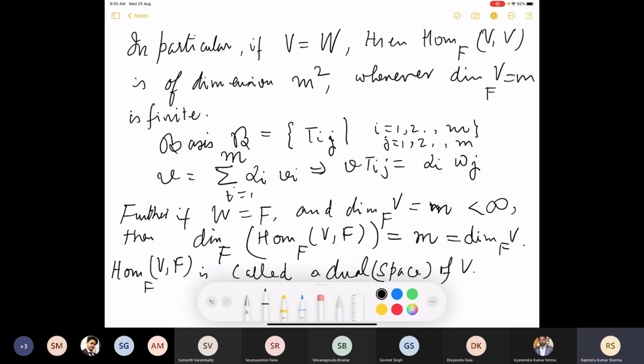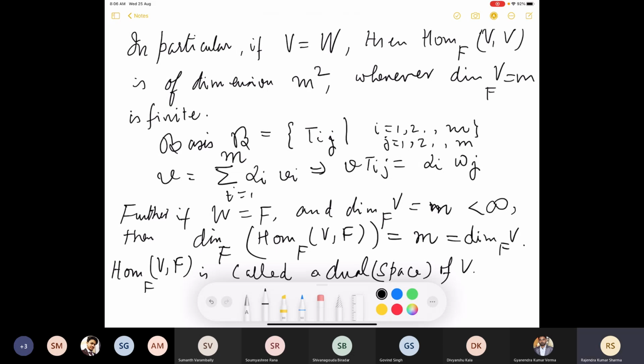In particular, this acts on the basis vectors Vk as follows, that we also proved: Tij of Vk is 0 if i and k are different, and Tij of Vk in case i and k are the same is equal to Wj. This is what we proved.